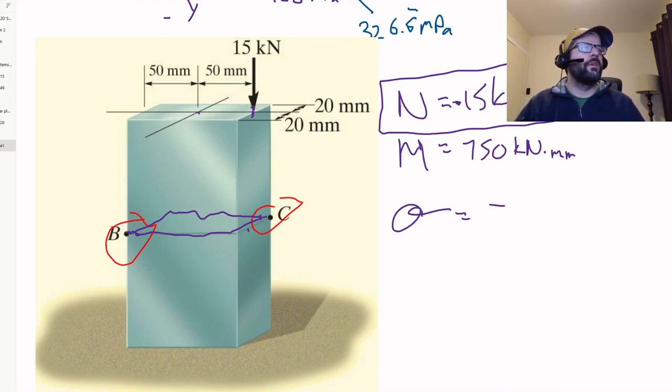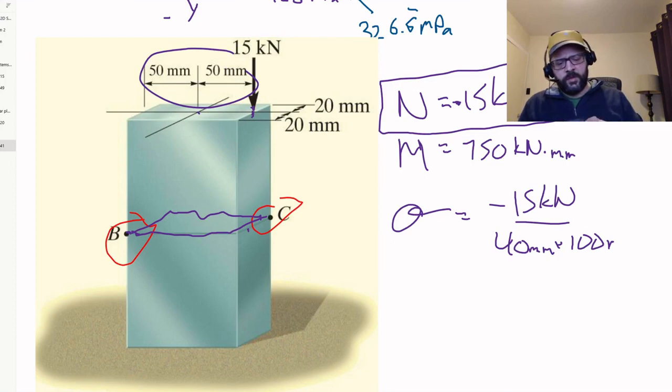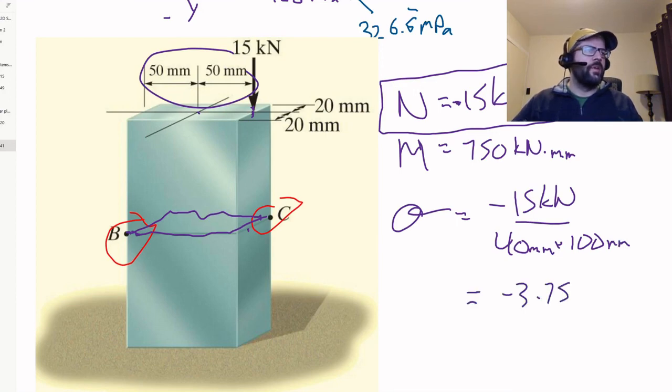So that'll be negative 15 kilonewtons divided by our area. Our area is 40 millimeters times 100 millimeters. So let's see, 15,000 divided by 40 times 100. That gives us negative 3.75 MPa.